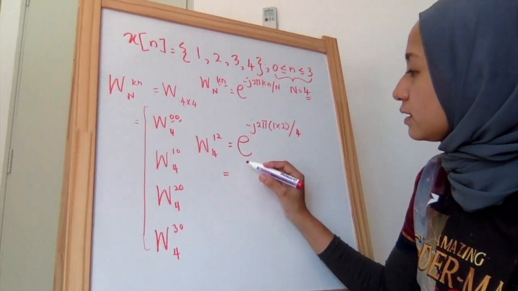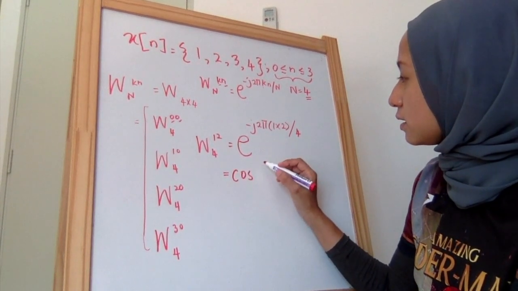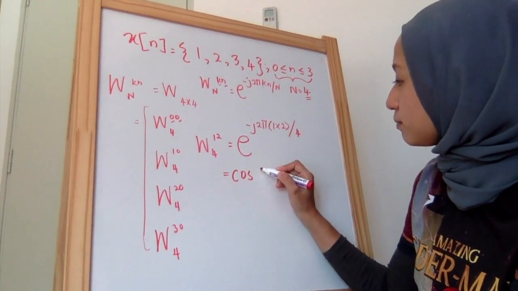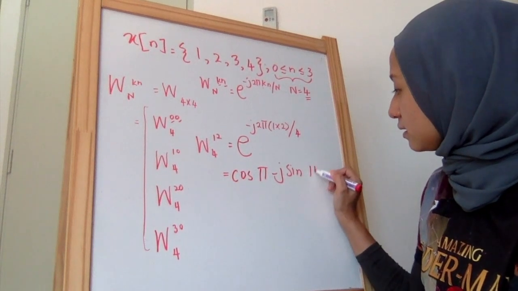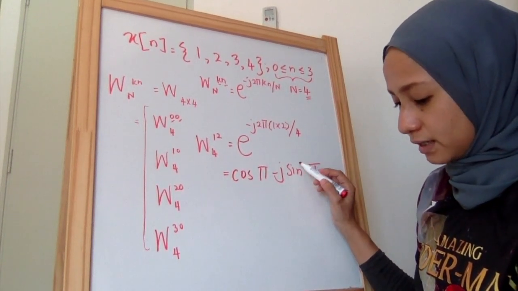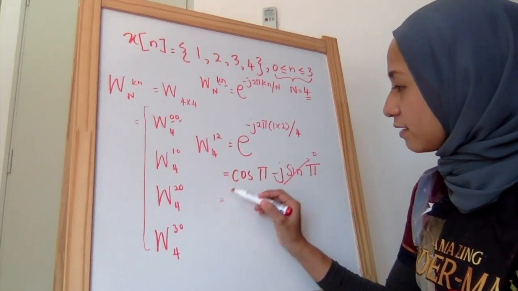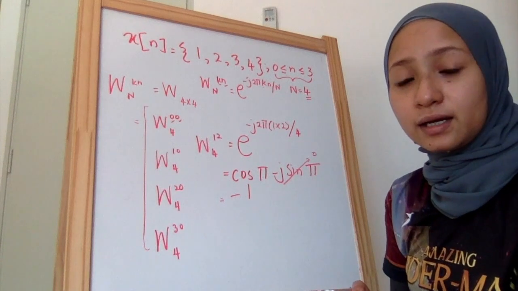So this one is equal to cos 4 pi over 4 minus j sine pi. So sine pi is 0. So what's left is cos pi. Cos pi is minus 1.